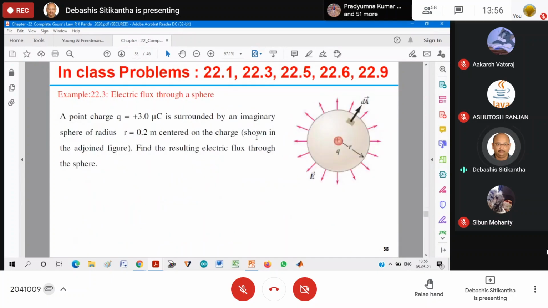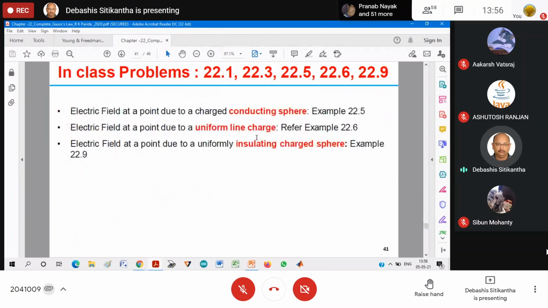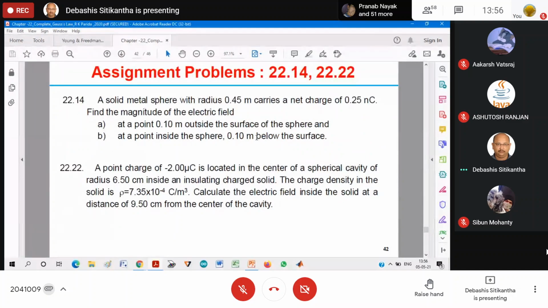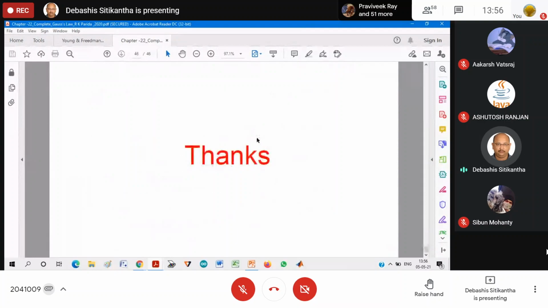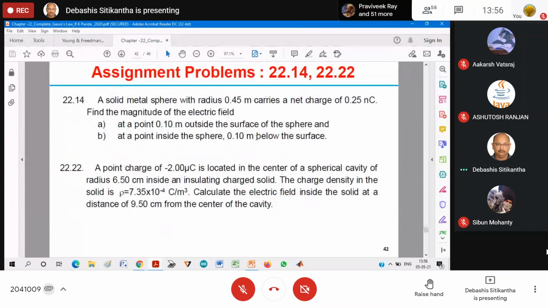Next, please note down your assignment problems. Note down these two assignment problems. In the next class, you try to solve them. Don't take it lightly.